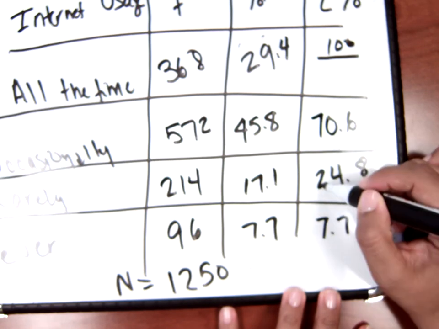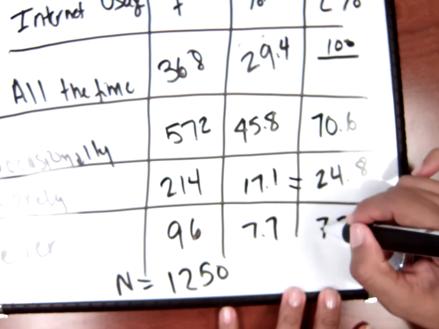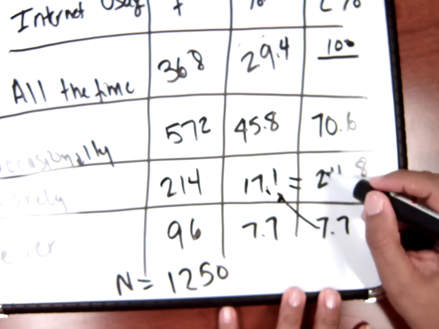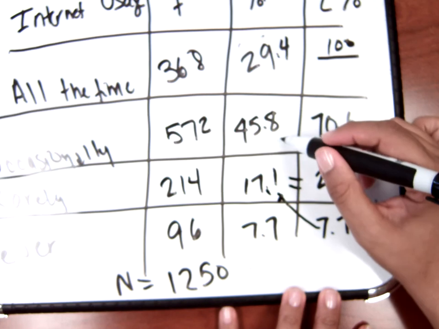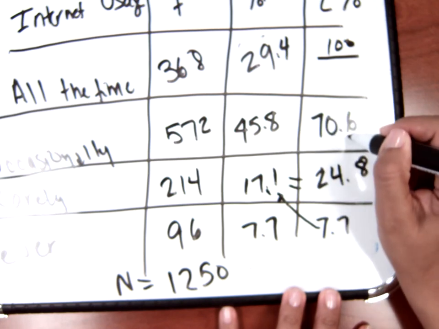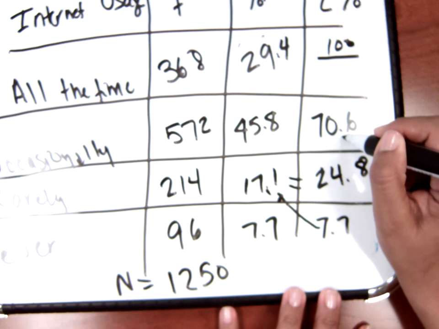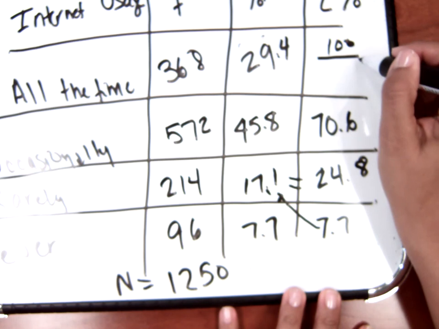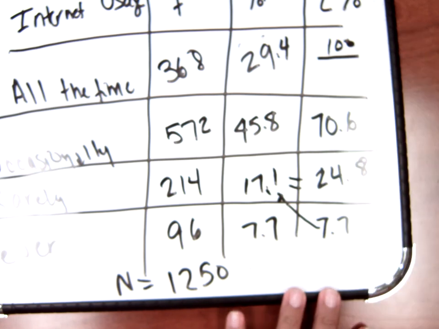Again, this column here equals this plus this. This plus this equals this. And then 70.6 plus 29.4 is going to equal 100. That's how you do a cumulative frequency chart.